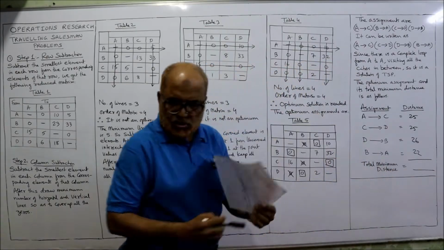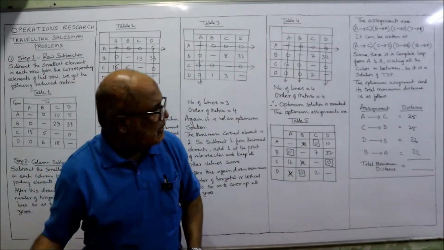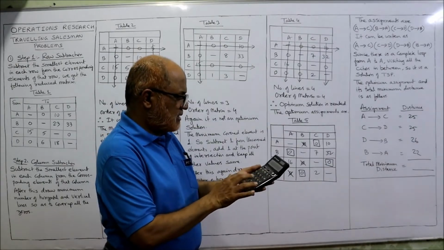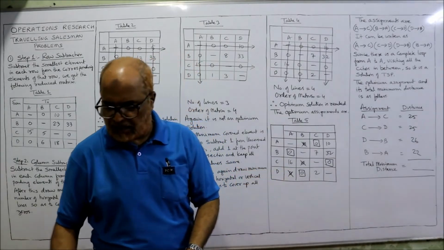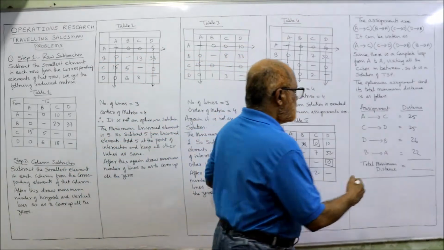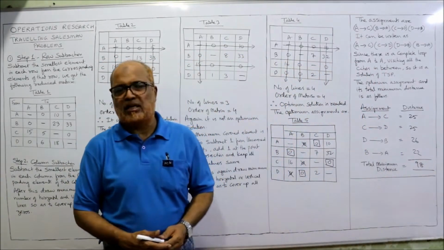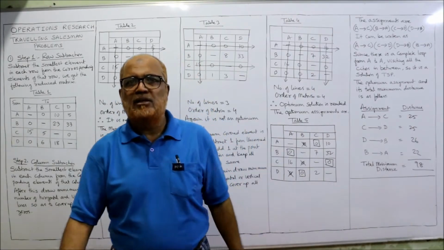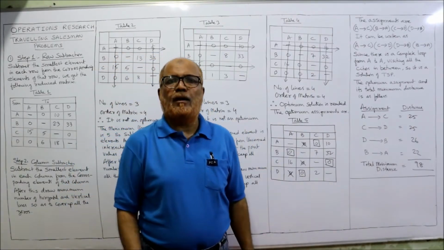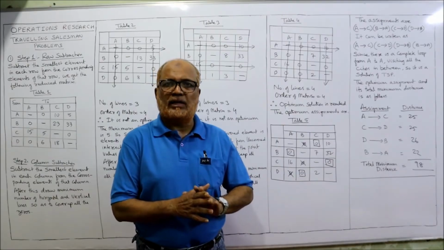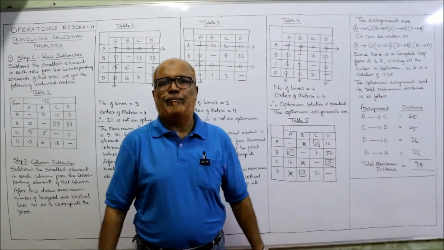That's all. So now we find out what is the total. Total is 25 plus 25 plus 26 plus 22. It comes to 98. So 98 is the total minimum distance, so that if we follow this path, then definitely the total distance traveled will be minimum.